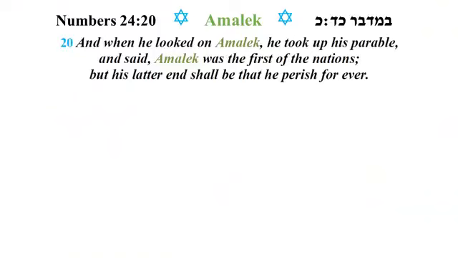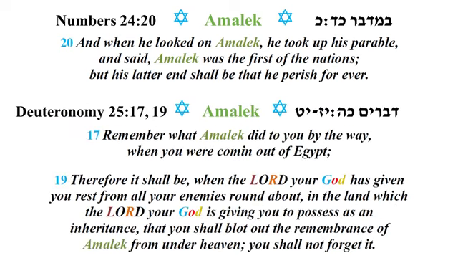What else? Let's jump ahead a bit. In Numbers 24:2, and when he looked on Amalek, he took up his parable and said, Amalek was the first of the nations, but his latter end shall be that he perish forever. So this Amalek, bad guy, he's going to be doomed, right, at the end. Deuteronomy 25:17. Remember what Amalek did to you, by the way, when you were coming out of Egypt?